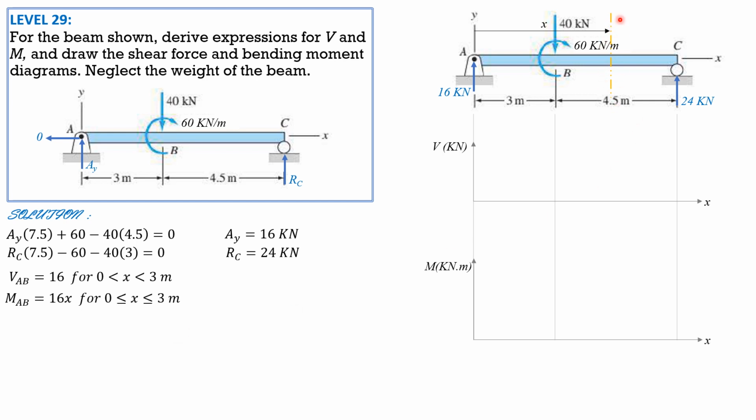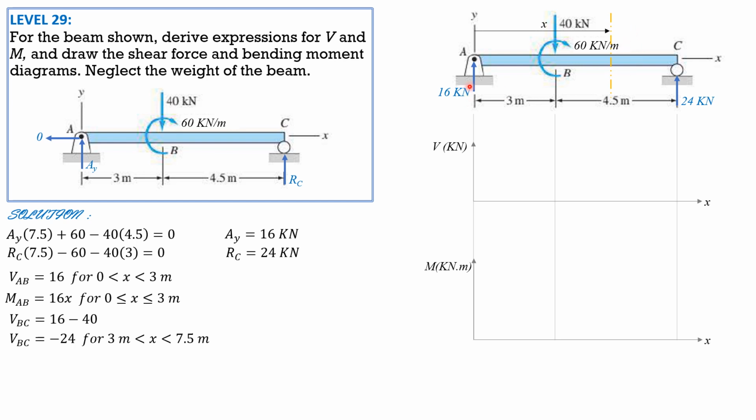Now for this section here, shear is summation of vertical forces. Remember, downward shear is positive. So 16 minus 40, that's the equation. Shear BC is negative 24 kilonewtons for 3 less than x less than 7.5. Then for moment, we just take moment here. Imagine shear downward, moment counterclockwise.